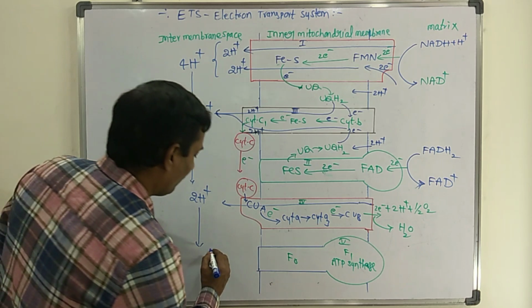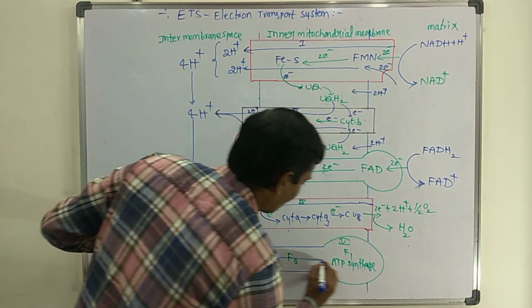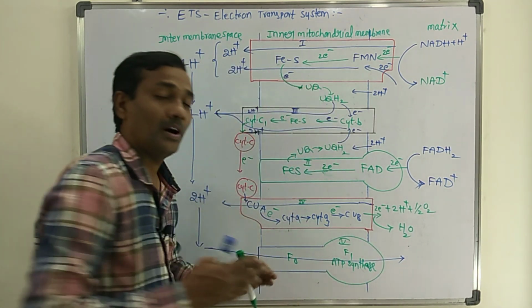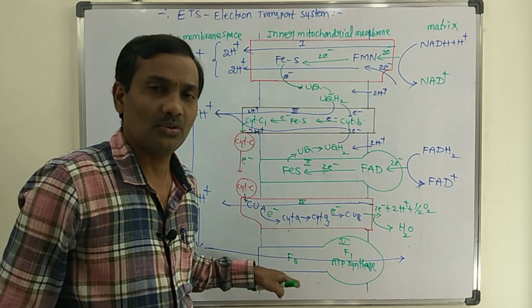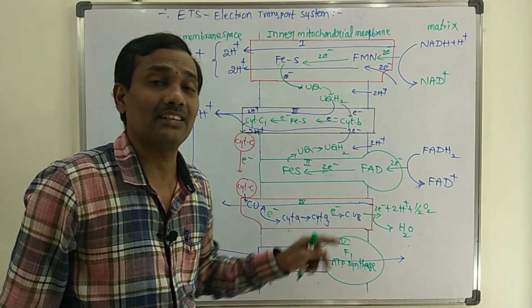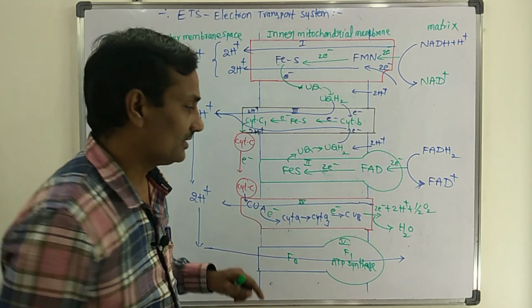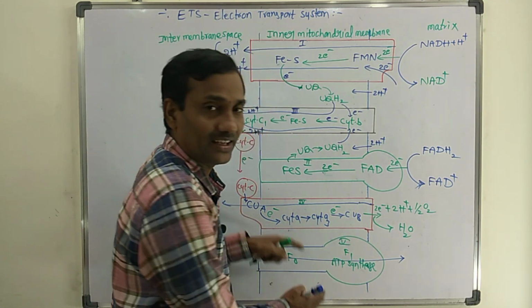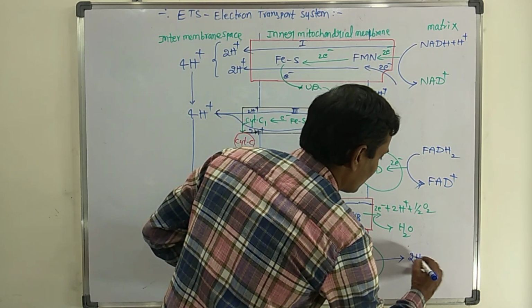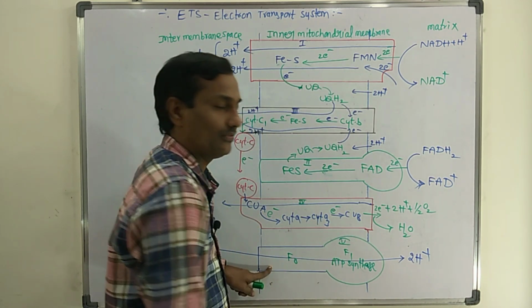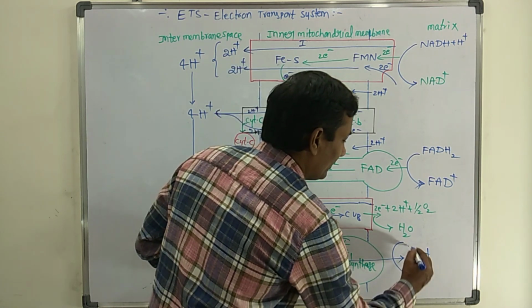But here, whenever 2 protons pass through the F0, F1 particle, which is just a channel, it acts like a proton channel. So in this complex 5 ATP synthase, whenever 2 protons are transported through the F0, F1 particle, energy is liberated.